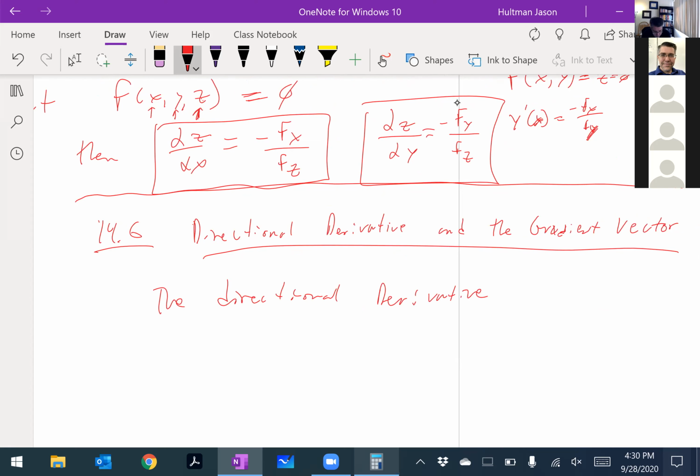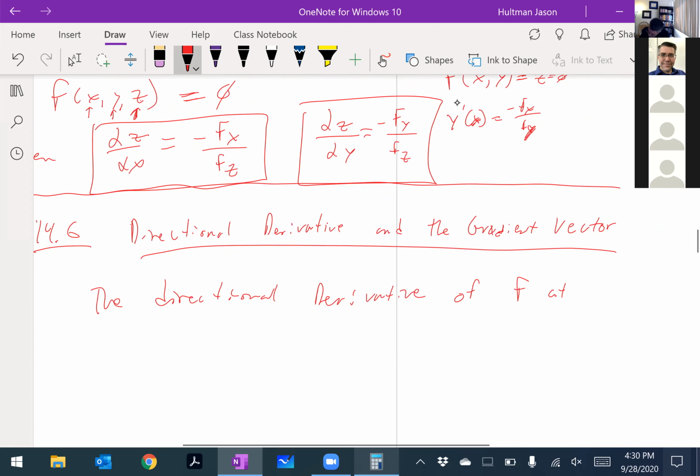The directional derivative of f at x naught, y naught in the direction of a unit vector u equals a, b. It's in this direction, in the direction of some sort of unit vector.